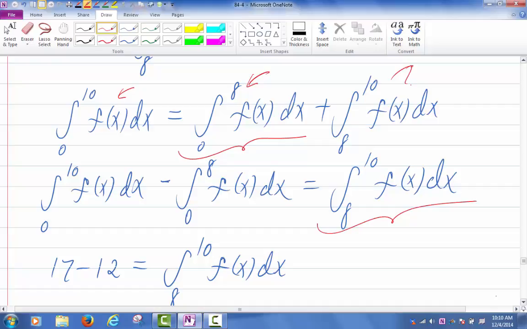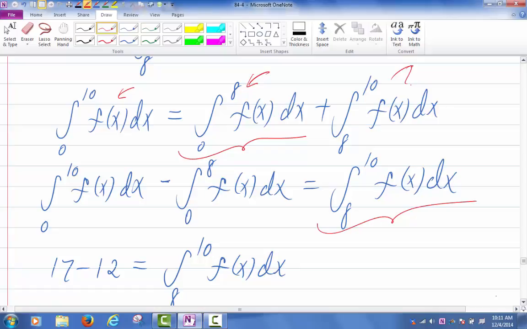Is that making sense? So in your homework, if you see a problem asking you to do the same thing, where it gives you the value of two integrals and asks you to find the value of another integral with the same integrand, this is what you need to do.